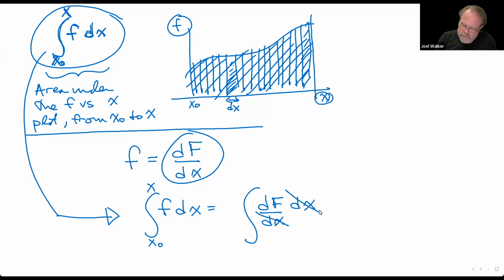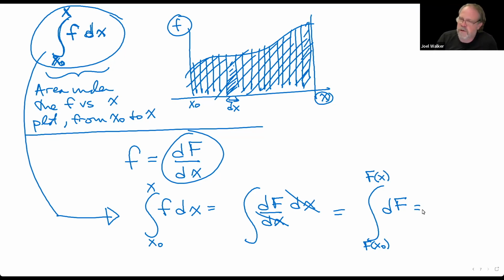The small steps simply cancel each other, and this becomes the accumulation of the small steps in F. From where and to? From F corresponding to the initial x to F corresponding to the final x.